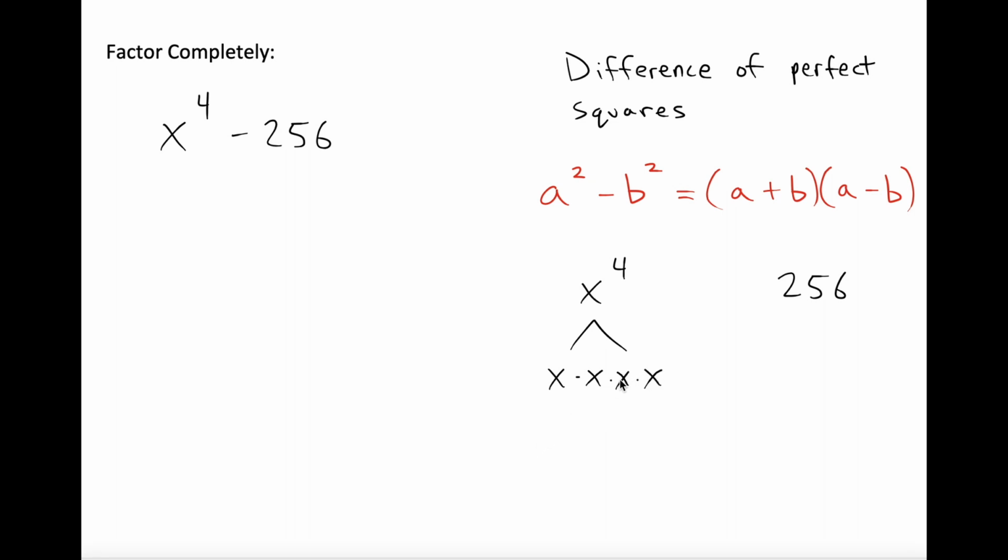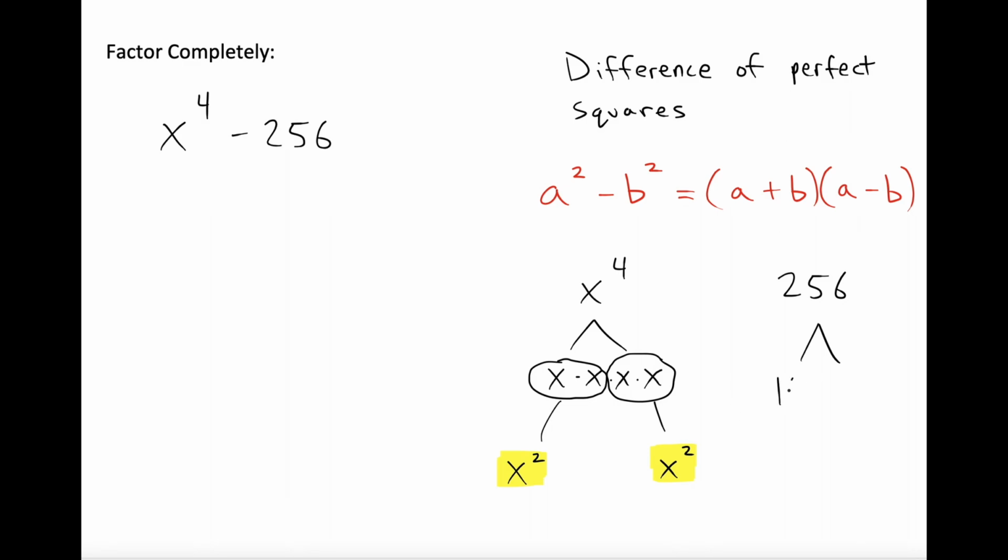If I split them up into two groups, then we see that x to the fourth would actually break into x squared times x squared. That reveals that x to the fourth is a perfect square because it could be thought of as something times itself.